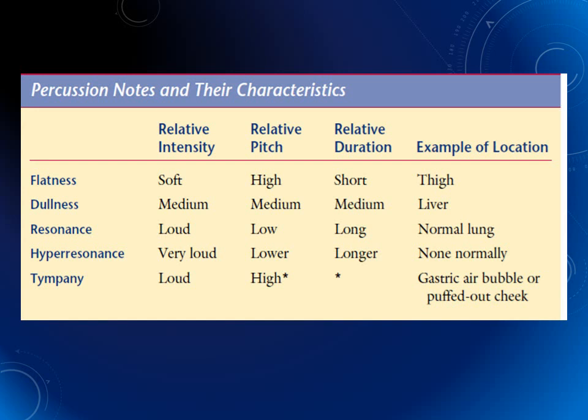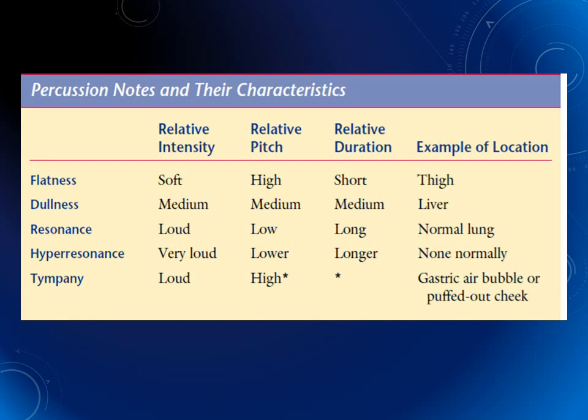This picture demonstrates percussion notes and their characteristics: intensity, relative pitch, relative duration, and also an example of location. For example, flatness is found over the thigh muscles, or dullness is found over the liver.